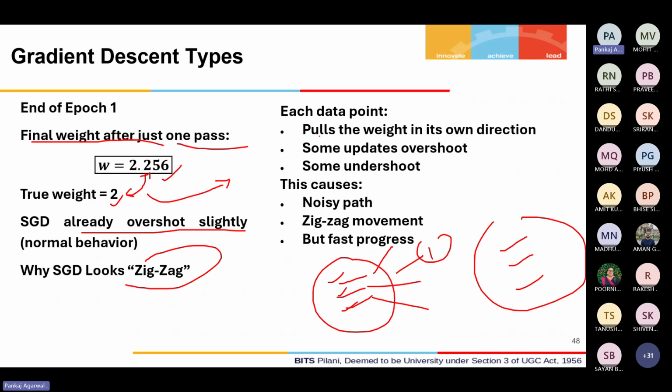So each data point pulls the weight in its own direction, because when you're doing it for each data point, some weights might pull it in one direction, at some other iteration, it might pull it in another direction. So some weights are overshoot, some are undershoot. So the overall effect it produces is a noisy path, zigzag movement, but obviously progress is very fast because weight updation is very fast.